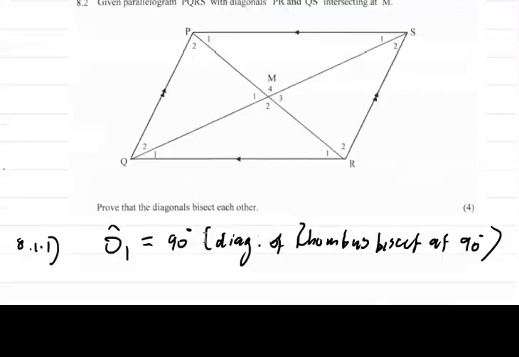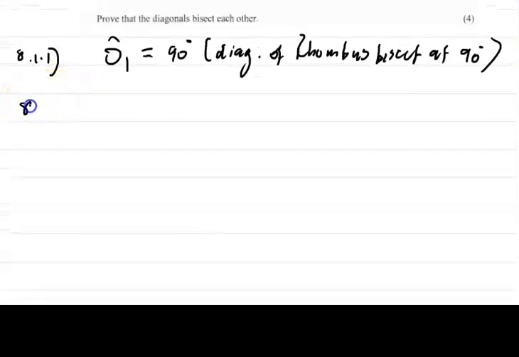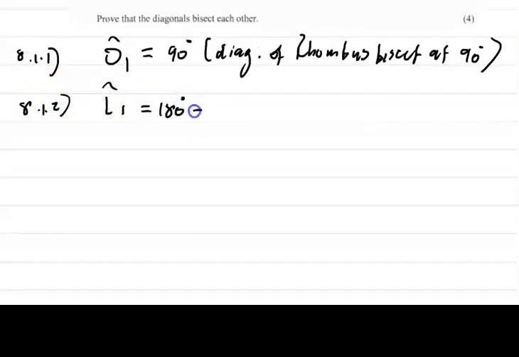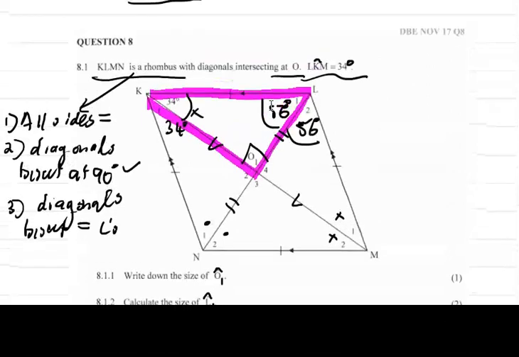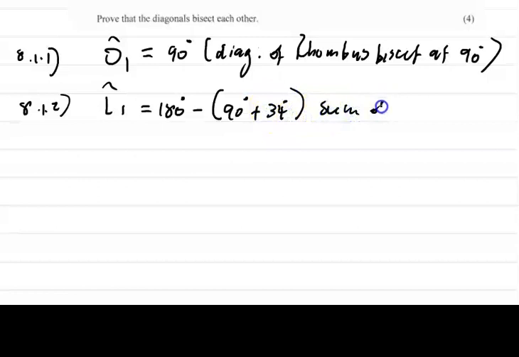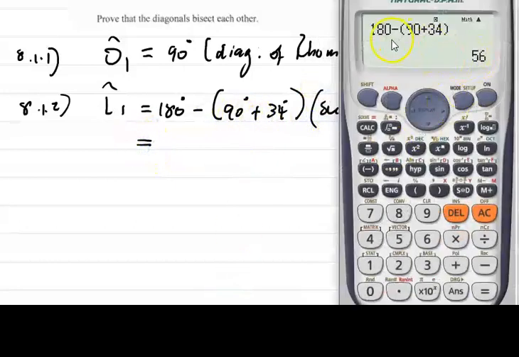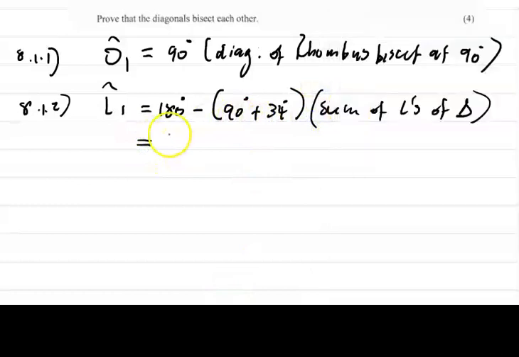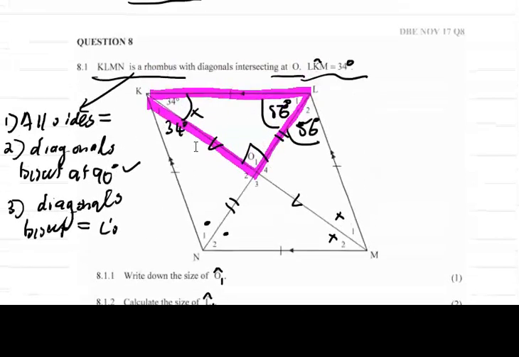So we can now say for 8.1.2, L1 equals 180 degrees minus 90 plus 34 degrees, sum of angles of triangle add up to 180 degrees, and we've already put that in our calculator. 180 minus 90 plus 34 is 56, so that's 56 degrees. And remember that we're constantly updating our diagram as we go on.